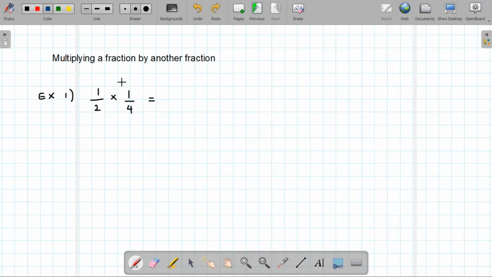If there are no more common factors, then I can multiply the numerator with the numerator: 1 into 1, 1. 2 into 4, then it will become 8. After multiplying, you can see that we can't simplify it furthermore.